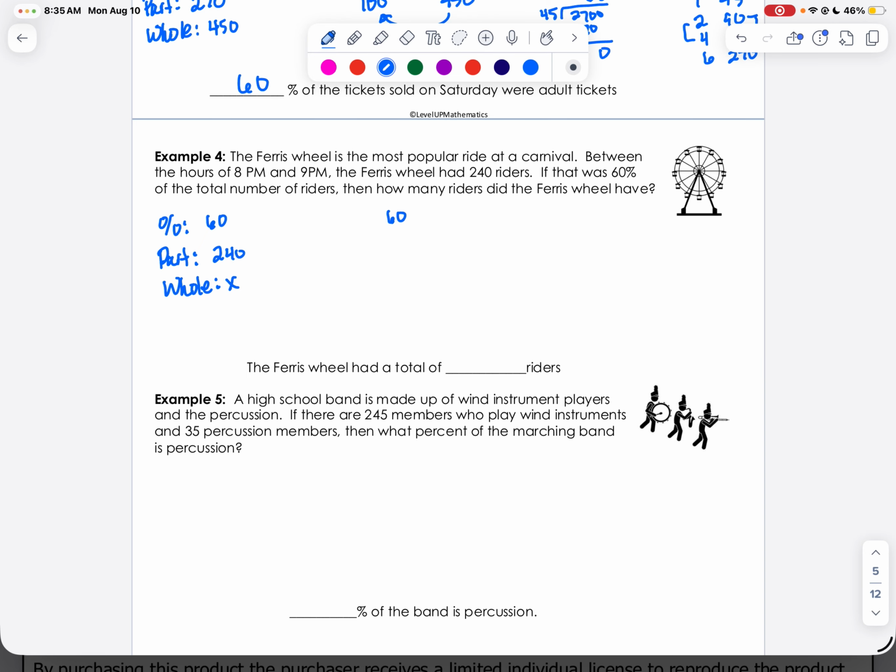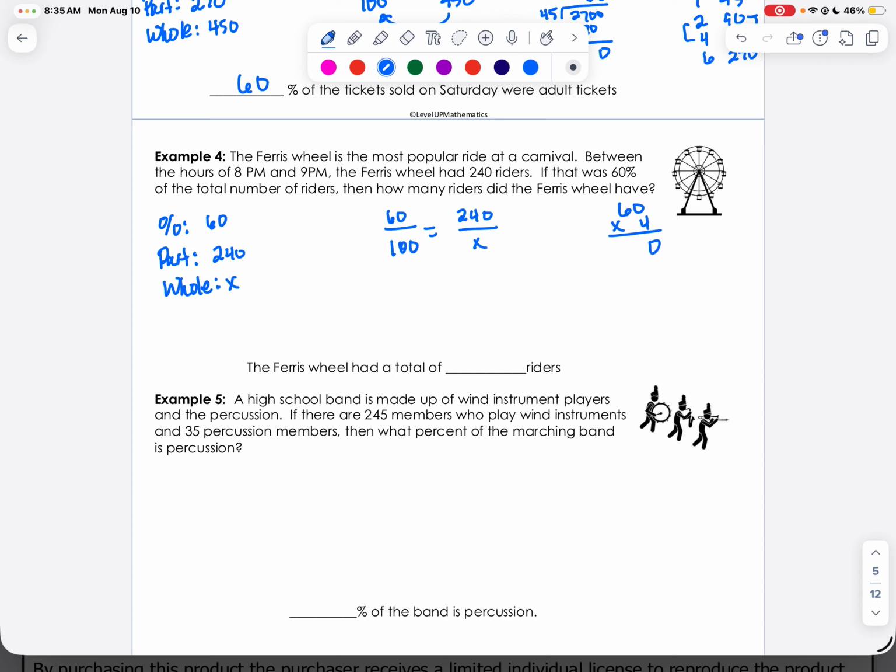So when I set up my proportion, 60 over 100 equals 240 over x. Now, I want to find my scale factor. What would I have to multiply to get from 60 to 240? And I'm thinking 60 times 4 would be 240.